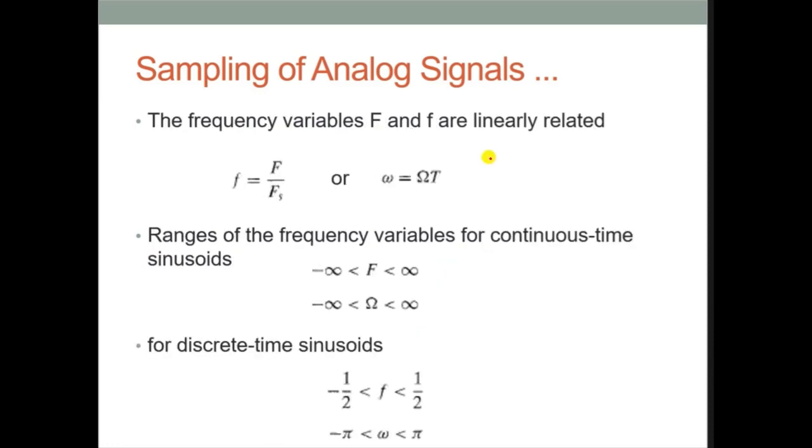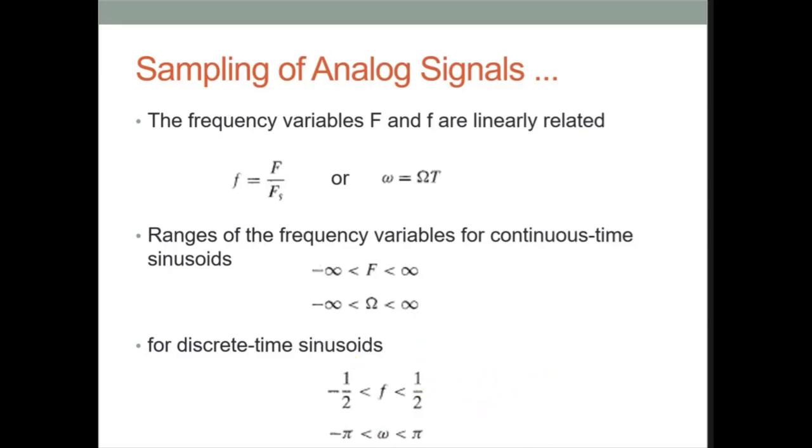The same goes for ω equals Ωt. Now the range of frequency variables for the continuous time signal is negative infinity to infinity. And for a discrete time signal or sinusoid, it is -1/2 to 1/2, and in radians it is -π to π. So it completes one cycle.